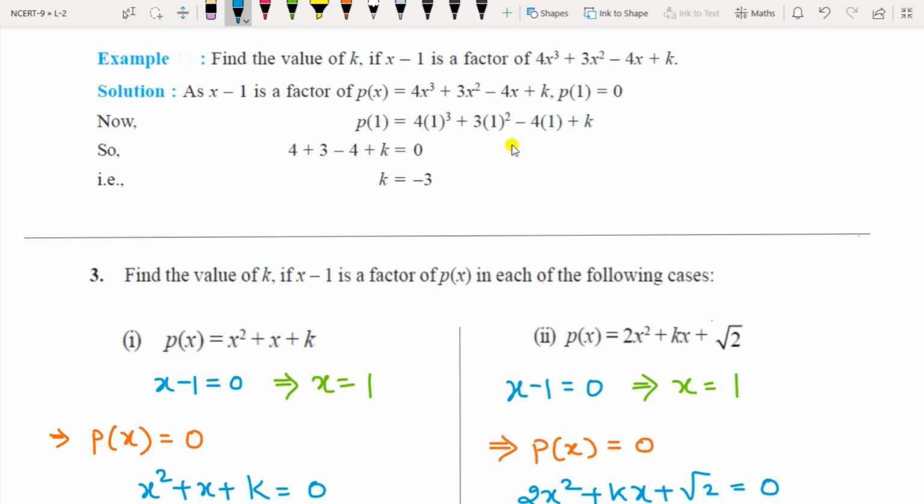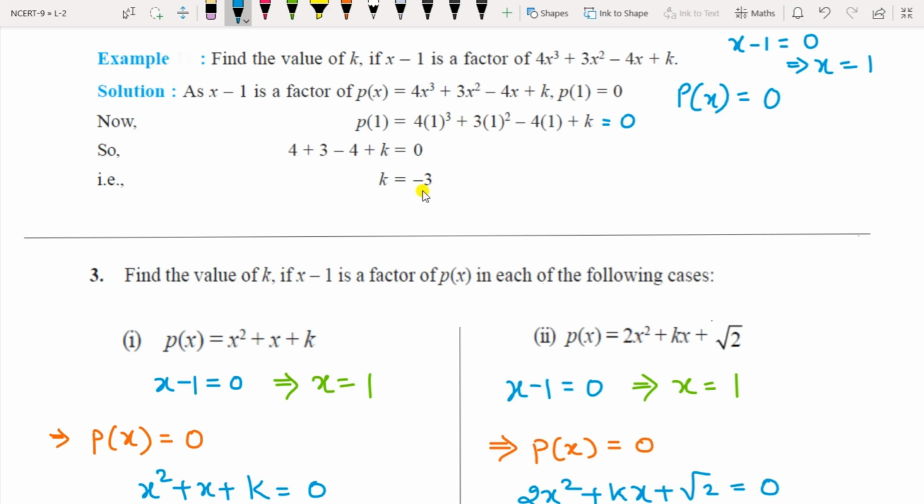You have to consider px equal to 0. Okay, and this also x minus 1 equal to 0, and therefore x will be equal to 1. Now take this px here and substitute the value of x in this case and equate it with 0 like this, equal to 0 here. Okay, so you will get the answer of k.